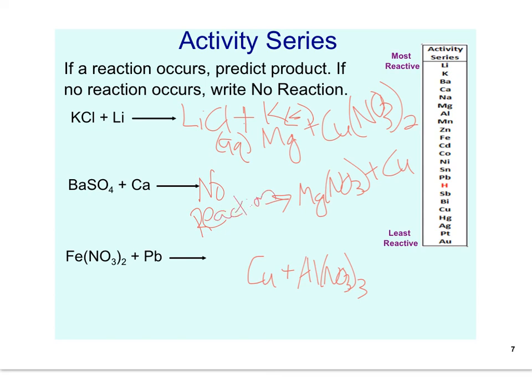Why? Well, sulfate is already holding back the crazier one, already holding back barium. If we look at the next one, we have iron versus lead. We find iron on our list is right here. We find that lead is down here. So iron's going to be crazier, so iron needs to be held back. So again, this one would be no reaction is going to occur.